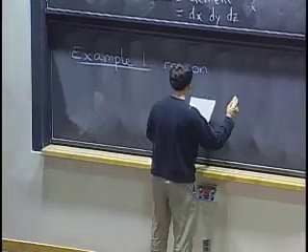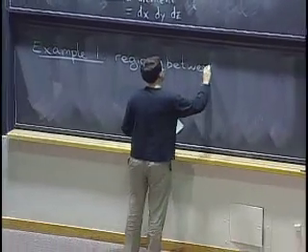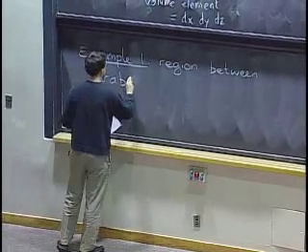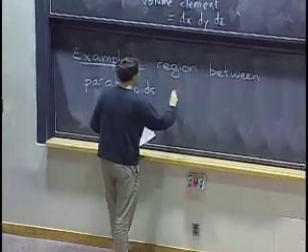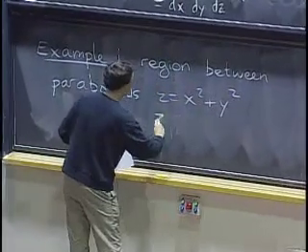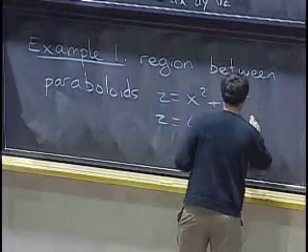So for example, let's say that we want to look at the region between two paraboloids. One given by z equals x squared plus y squared. The other is z equals 4 minus x squared minus y squared.